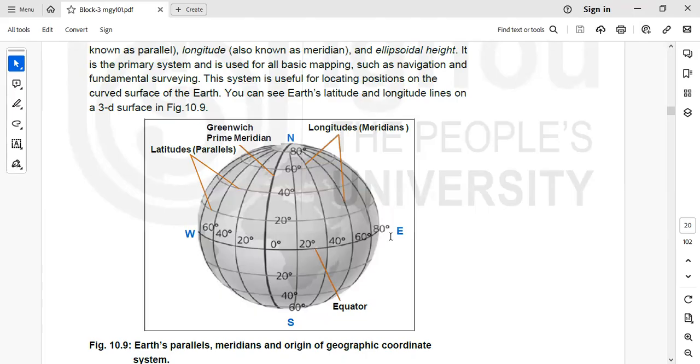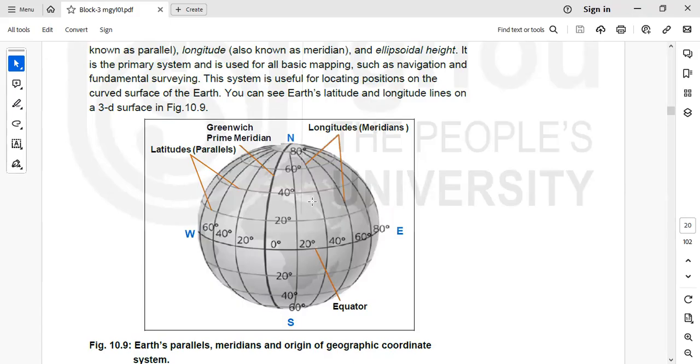In the southern hemisphere, we have 90-degree latitude, which starts from 0-degree at the equator and runs to 90-degree at the South Pole. In the northern hemisphere, it starts from the equator at 0-degree to the North Pole at 90-degree.